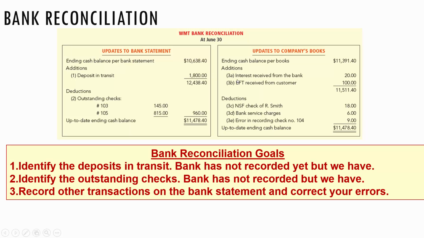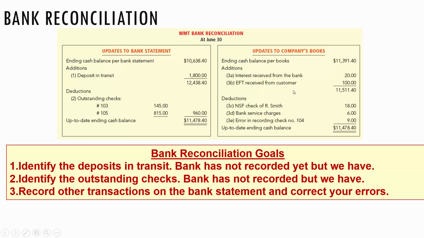So if you can guess about these, interest received from a bank is going to be debiting the bank account, and it's going to be credited what? Interest received. What would that be? Yes, revenue, interest revenue. An electronic funds transfer from a customer.